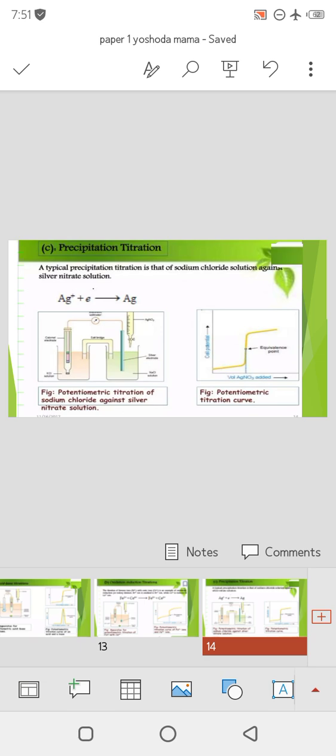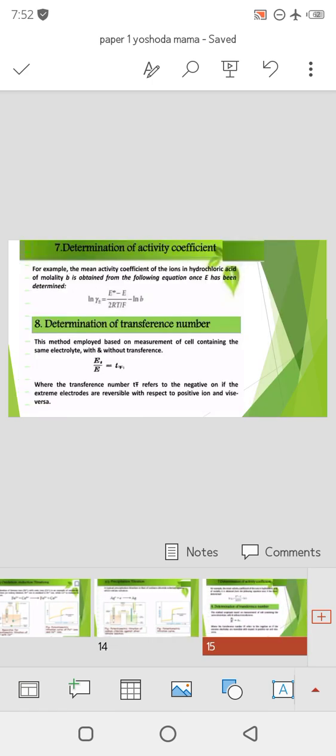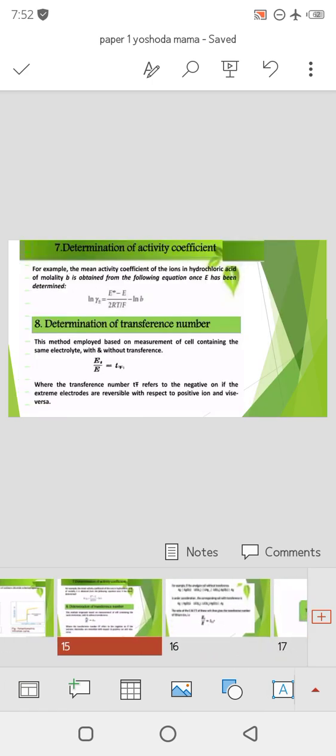We can see the electrode, some Ag. So like this we can observe in this diagram, and how the electrons change. And the potentiometric titration of sodium chloride against silver nitrate solution we can observe in this first diagram. And next one is the potentiometric titration curve, how it behaves in this diagram.